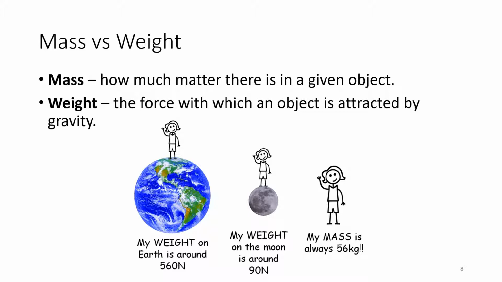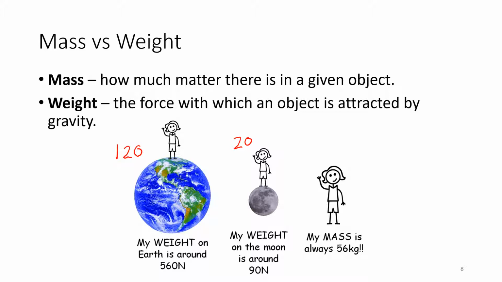So for example, if we compare our weight on Earth versus our weight on the moon, it'll be different. If we have a person who weighs 120 pounds on Earth, they'll only weigh 20 pounds on the moon because there's 1/6 as much gravity on the moon as there is on Earth.